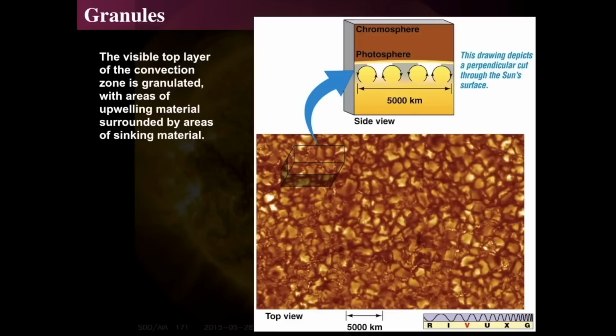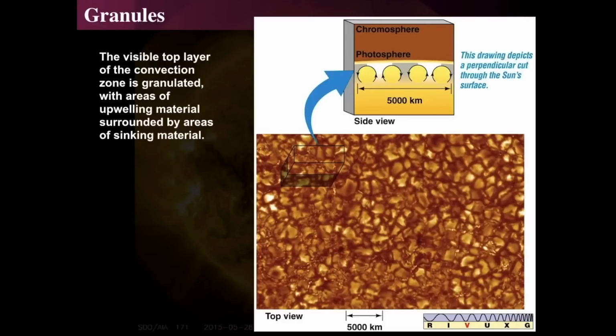Okay. So you saw in the background there is kind of a honeycomb sort of structure, and they have a special name. Those are called granules, and granules are the visible top layer of the convection zone of the sun. So we can think of the sun as continuously burbling and boiling, but it still is gases. Those are hot gases that are rising, and when they're very hot, they glow.